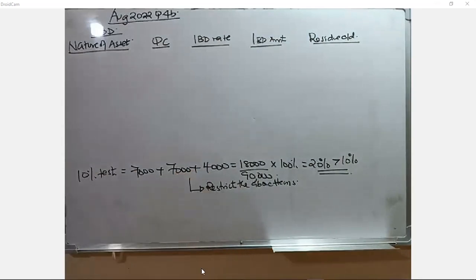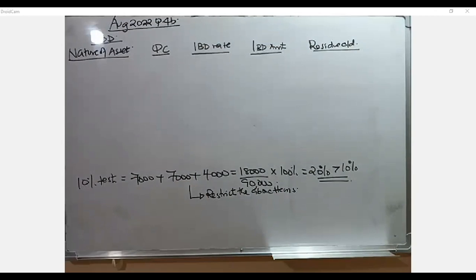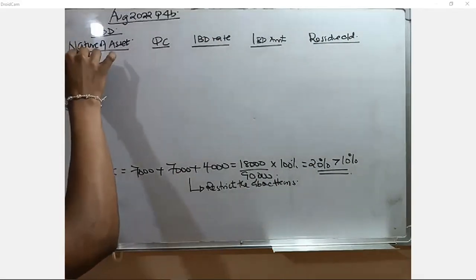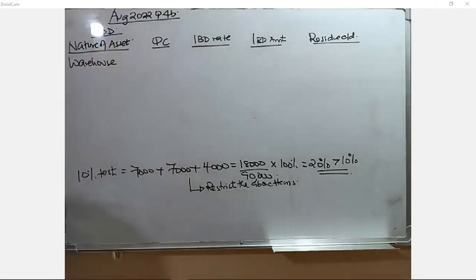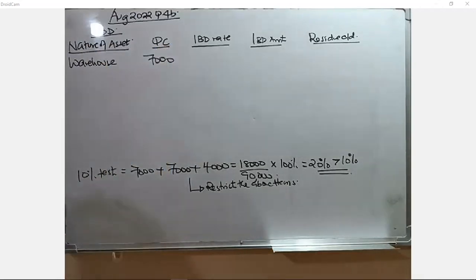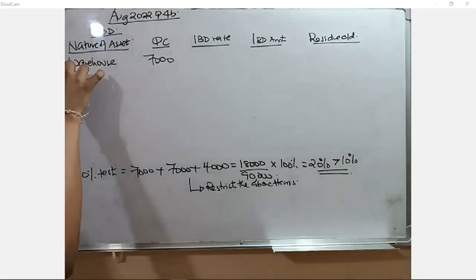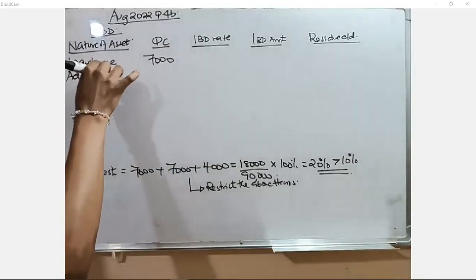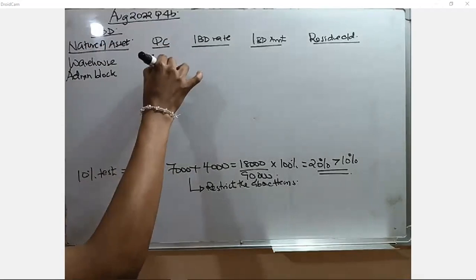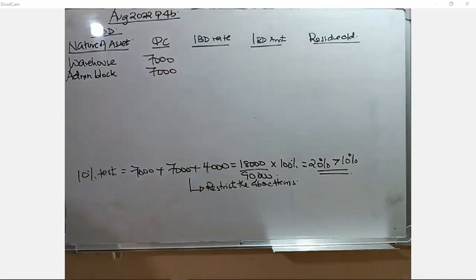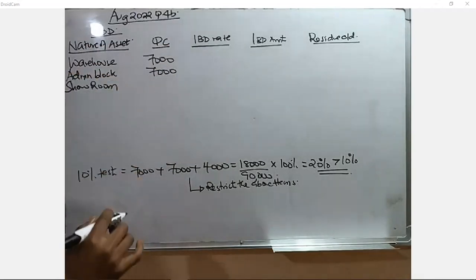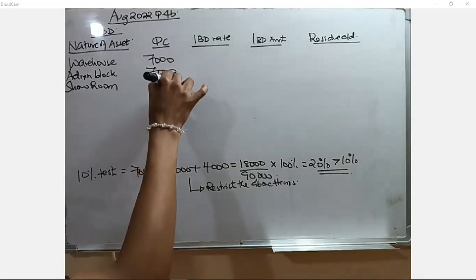So when I check from our question here, the assets included are the warehouse at the cost of 7,000, the administration block at 7,000, and the showroom at 4,000.